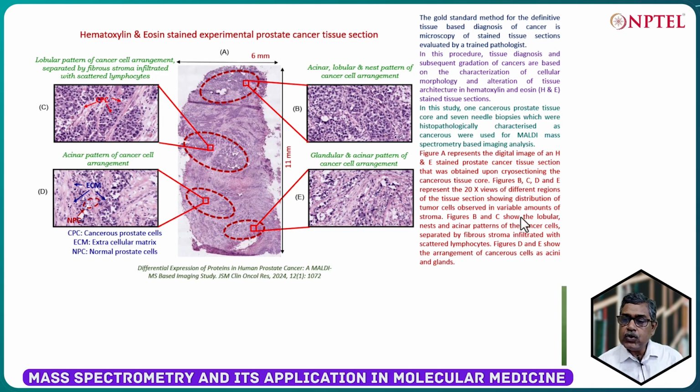Figures B and C show the lobular nest and acinar pattern of the cancer cells separated by fibrous stroma infiltrated with scattered lymphocytes.